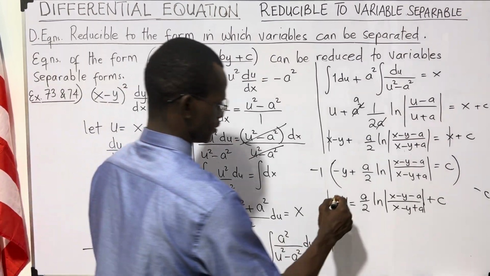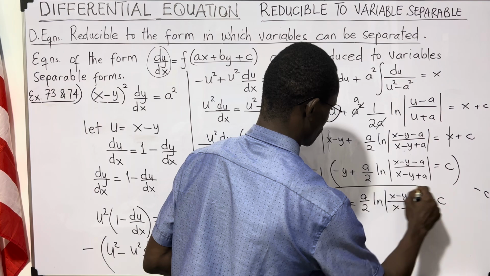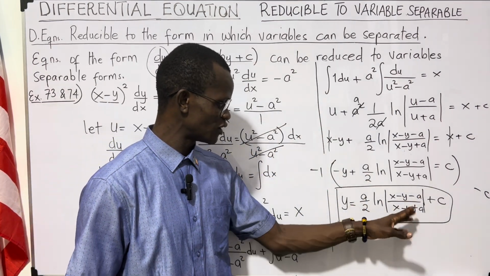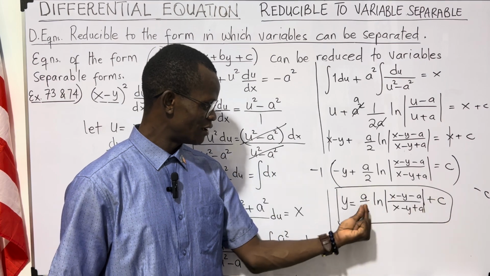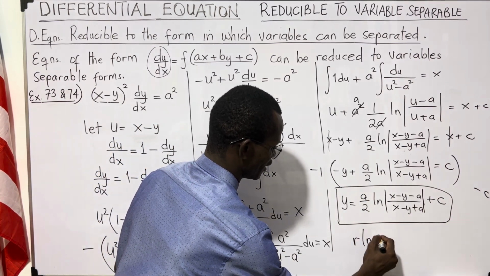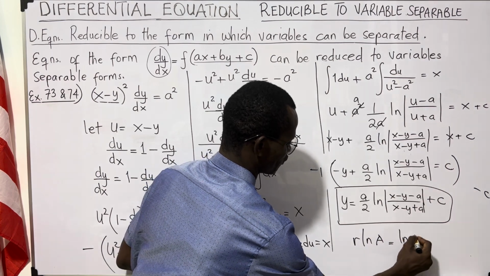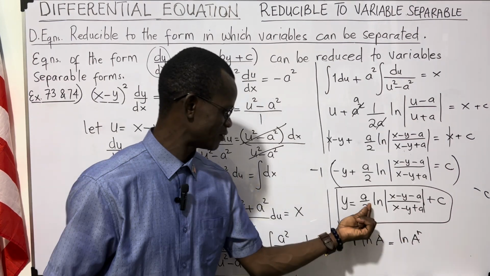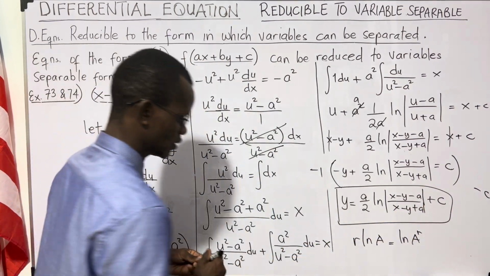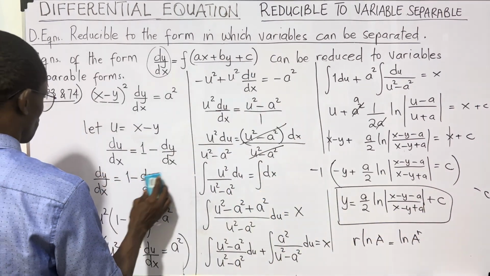So this is our final answer. You can decide to rewrite this whatever way you want, like by saying r times the ln of a is equal to the ln of a raised to the power r. If you want to make this to be the power of this expression, it's no problem. You can do that. Okay, so we solve another problem quickly.